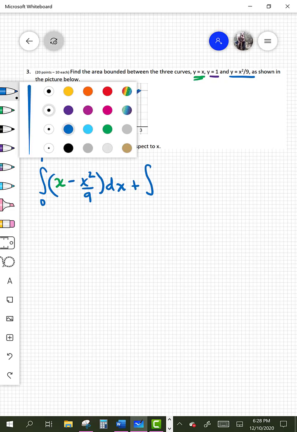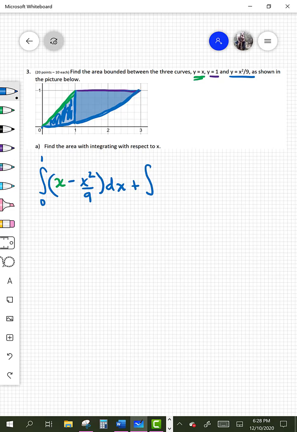And now we're looking at the second piece. And so our bounds in the second piece are at x equals 1 to x equals 3. Our top function is y equals 1. So this is 1 minus the bottom function. And our bottom function again is x squared all over 9 dx.